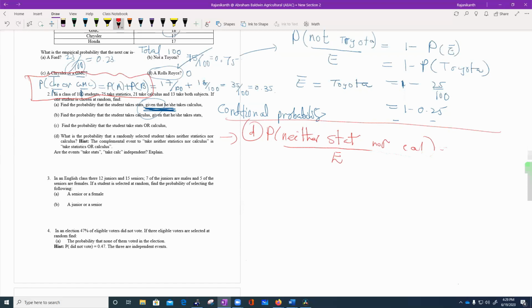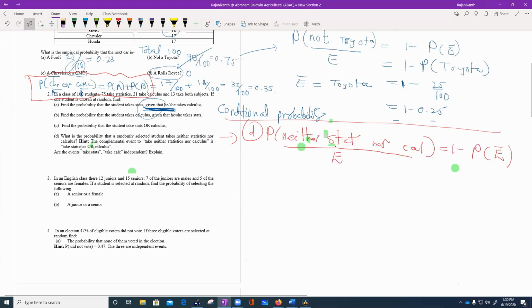Remember, the probability of E is given by 1 minus probability of E bar. What is E bar here? E bar is simply the complement of event E. My event E says that the student takes neither stat nor cal. Now tell me, what is the complement of neither?